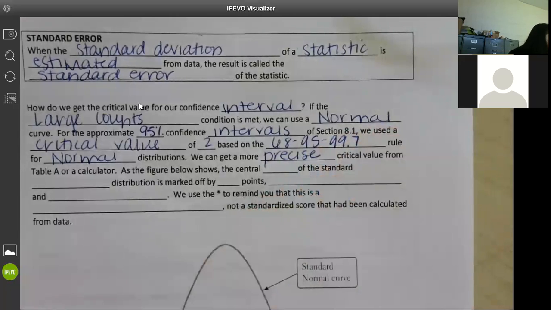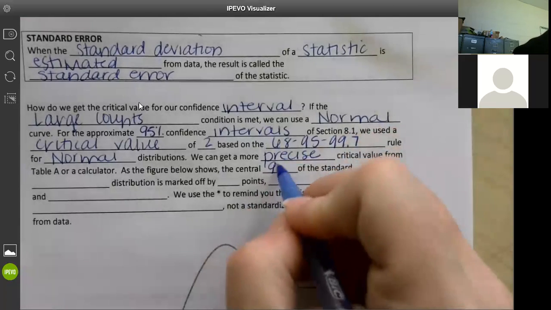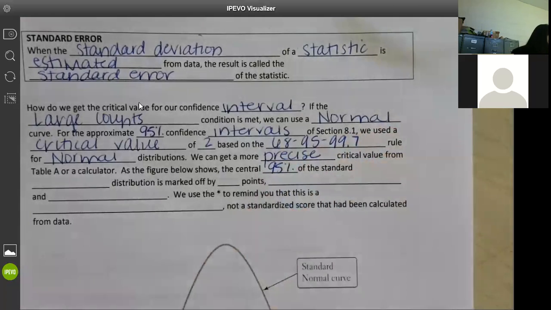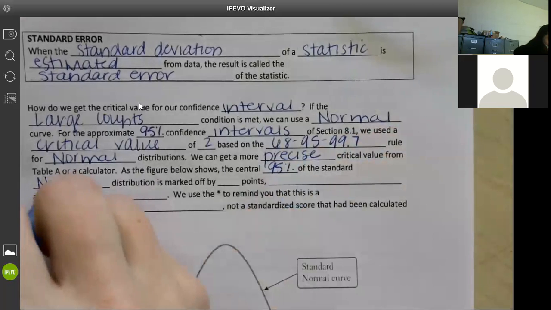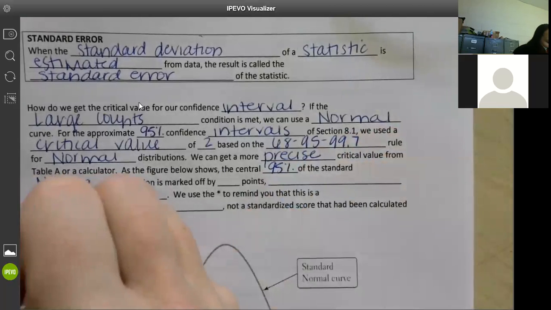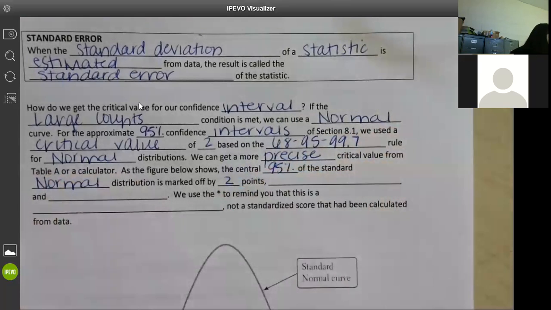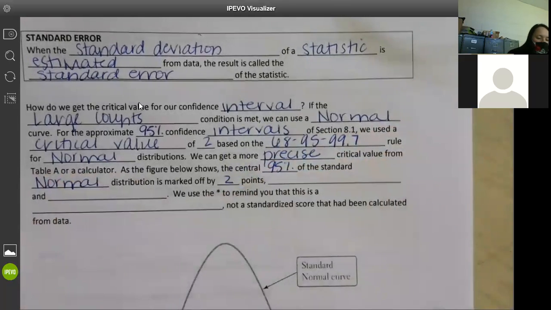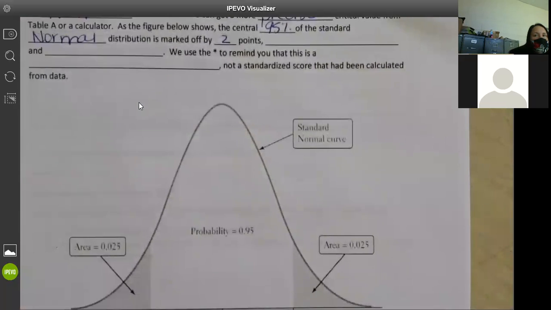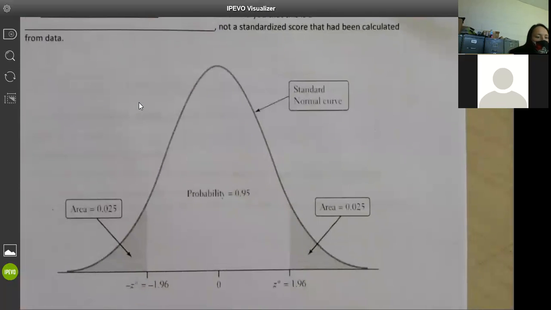As the figure below shows, the central 95% of the standard normal distribution is marked off by 2 points. I'm going to pop this down here for a second so you guys can see. Those 2 points are on either end of the normal curve. One is negative Z star, one is positive, because this one's below the mean, this one's above.